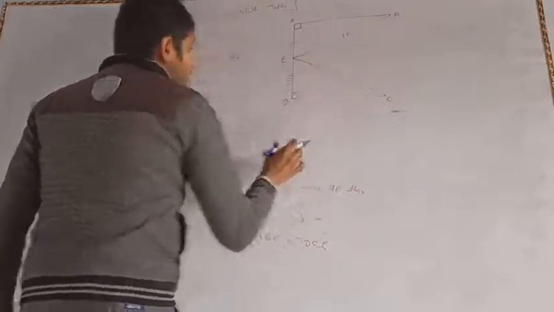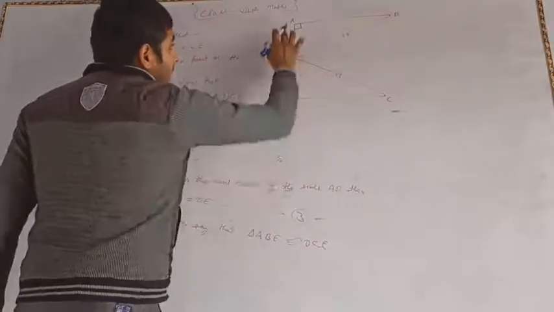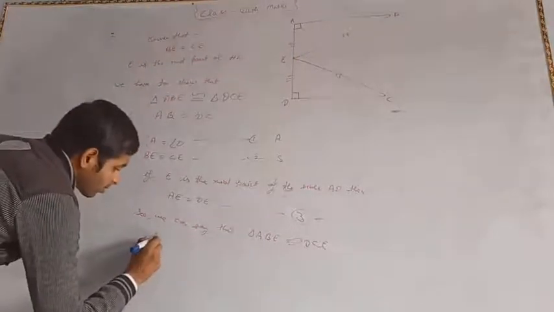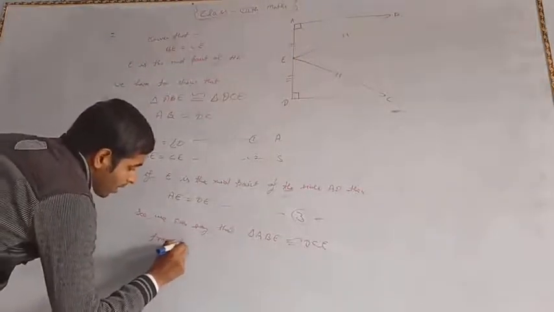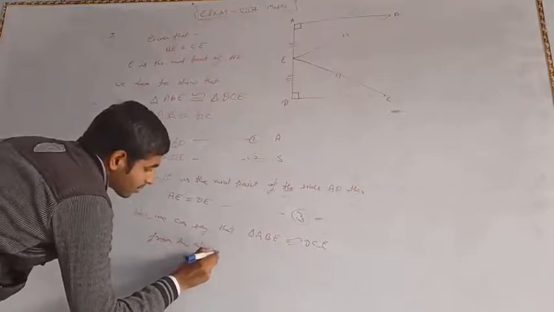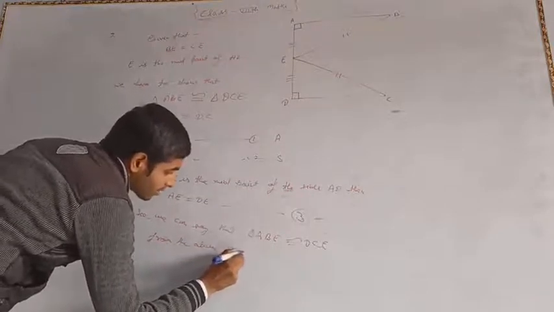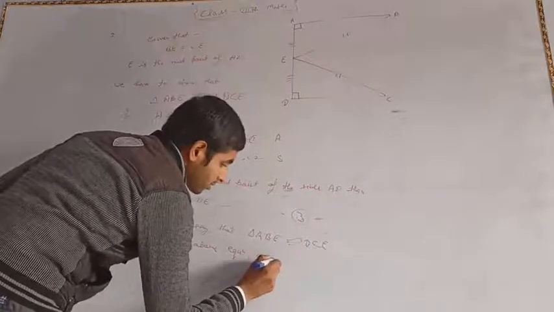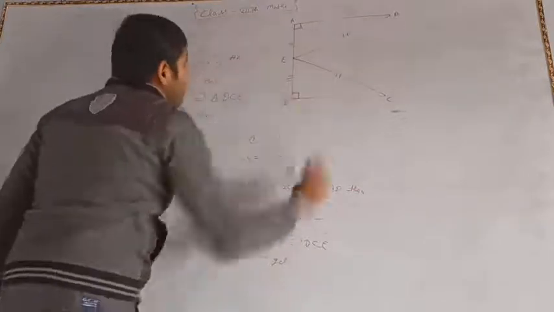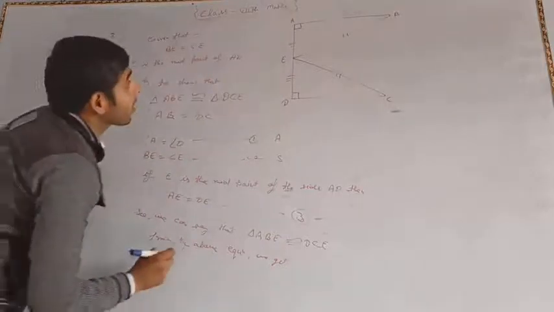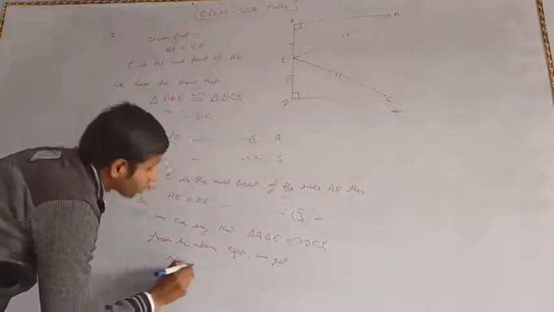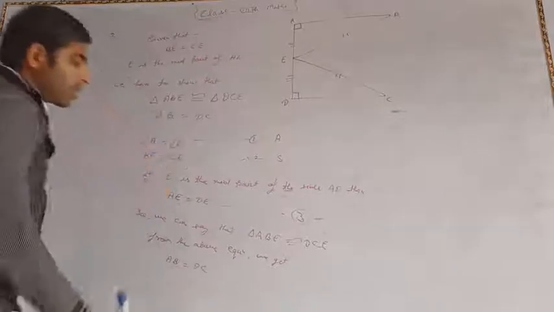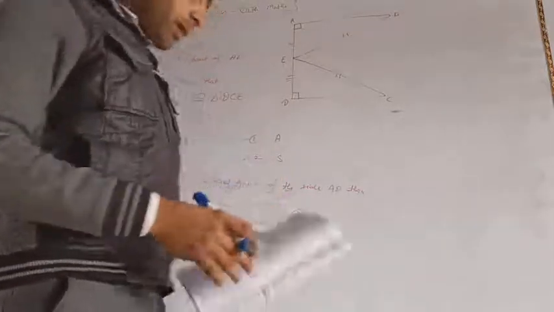So from the above equation, we get side AB is equal to side DC. Okay, so this is the solution of this problem.